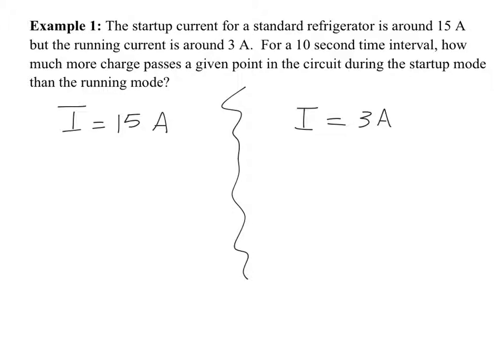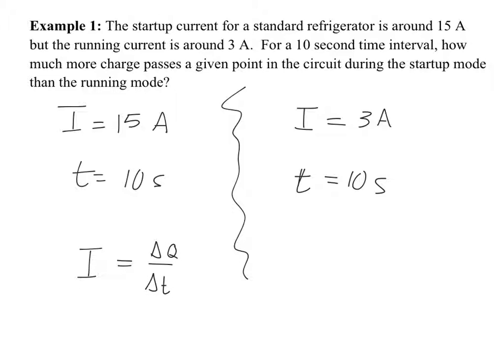We know that 10 seconds have gone by in both cases. Again, this is why the math here is extremely easy. It's plug and chug, right? You've got your formula, I equals delta Q over delta T. In both cases, it's the same formula. And what am I trying to solve for?